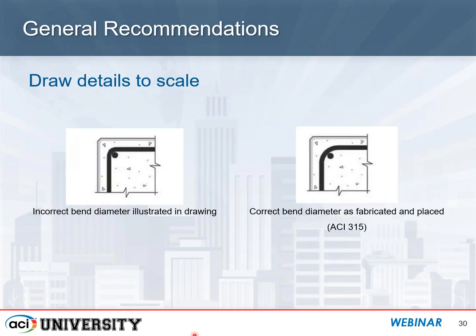So this is from the ACI 315 document that shows a drawing of this. Could be either a column or a beam. This is the incorrect bend diameter, and that bend diameter again comes right from ACI 318, chapter 25.